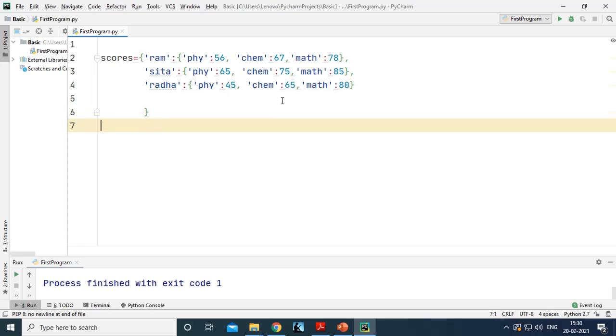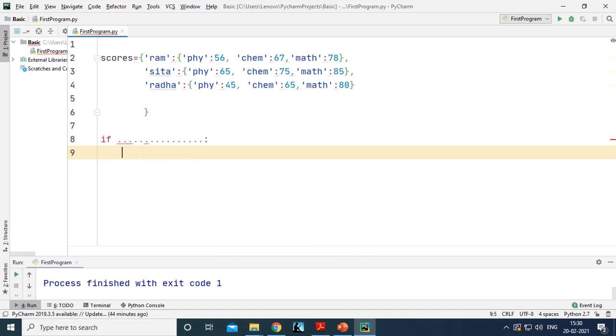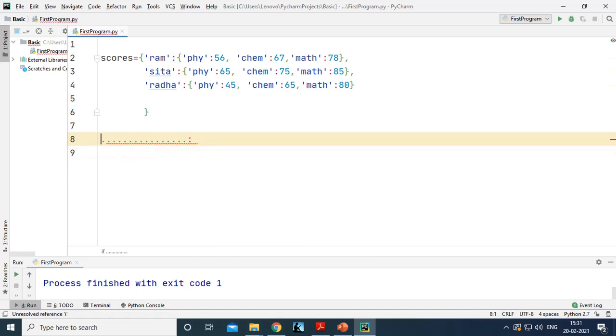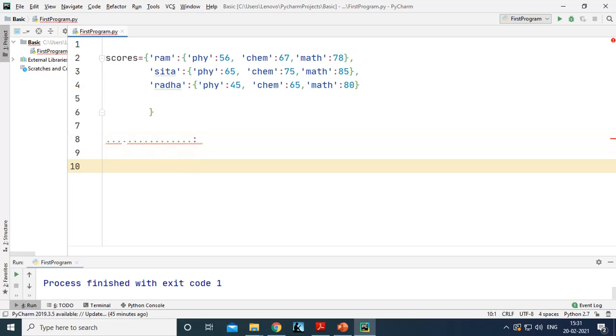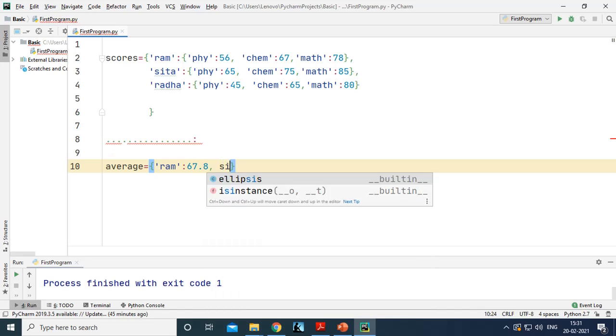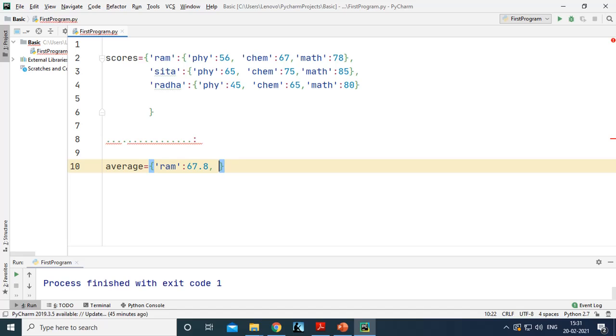Then you convert this two-level dictionary into a single-level dictionary, where the keys will be the student names and the value will be the average.